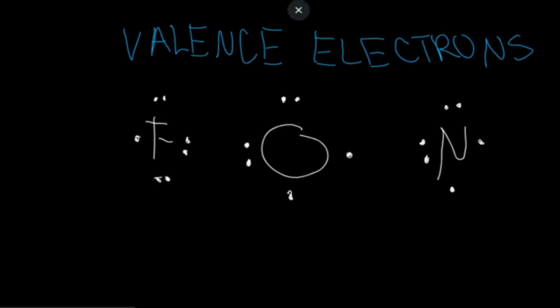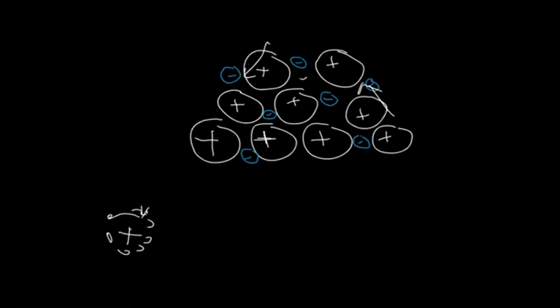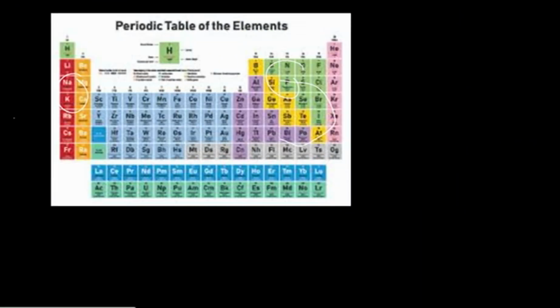You might be wondering, where do we get this information? Well, if you look on a periodic table and you look at your group number on the top, these numbers will tell you the valence electrons for every single element in that entire group. It's very helpful.